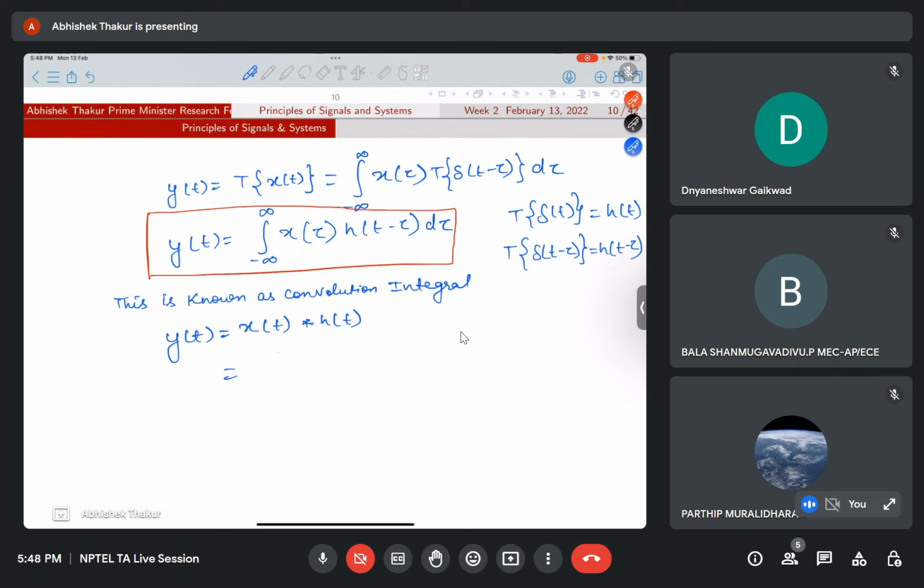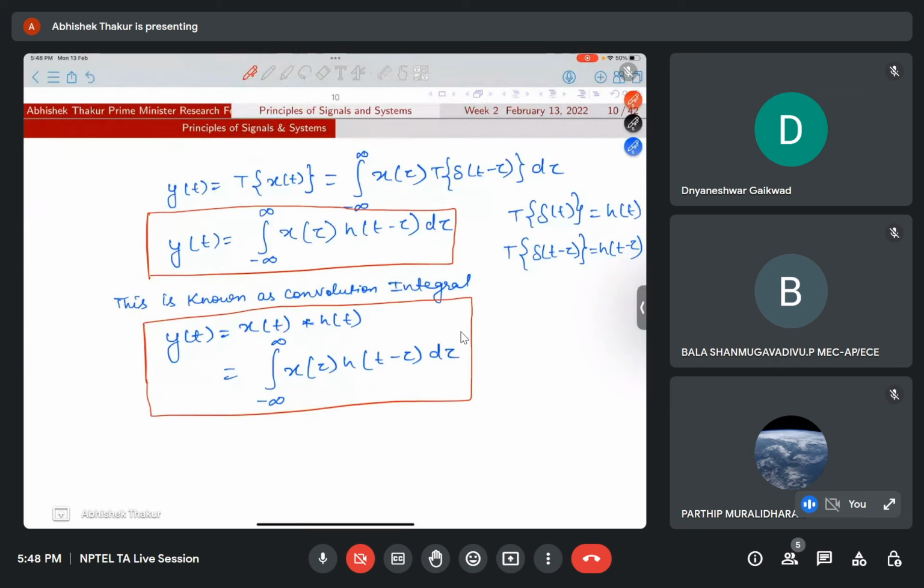This means yt equals the integral from minus infinity to infinity of x tau into h t minus tau d tau. Okay, so this is very important in the whole of signals and systems. Convolution will come everywhere, and it is important in communication systems as well.